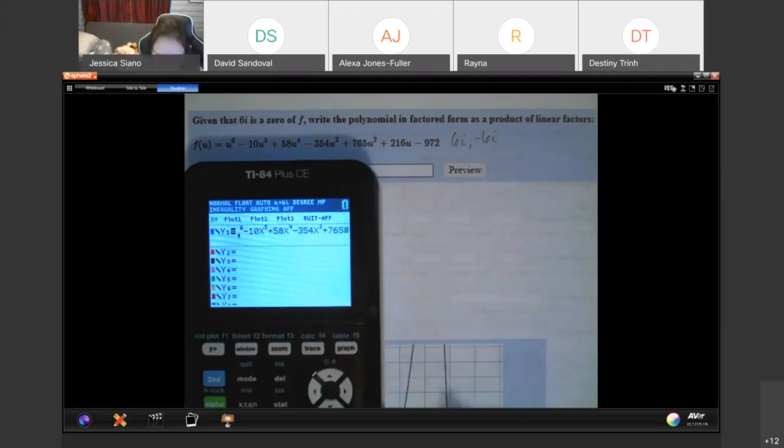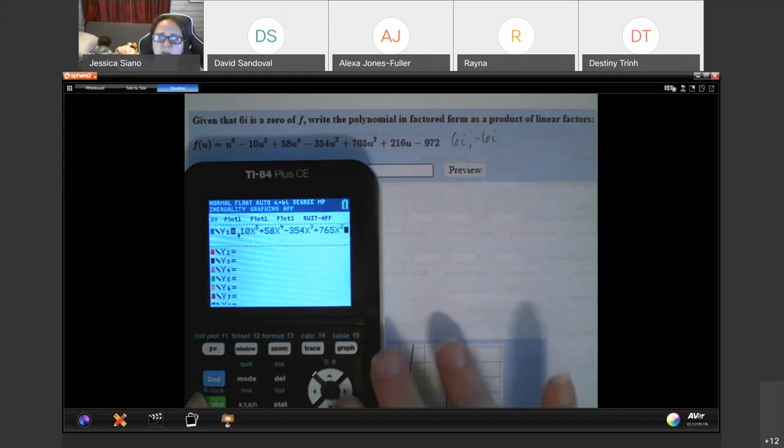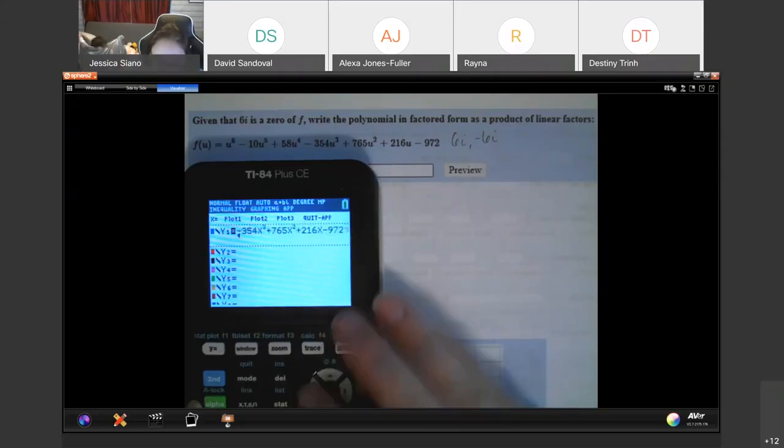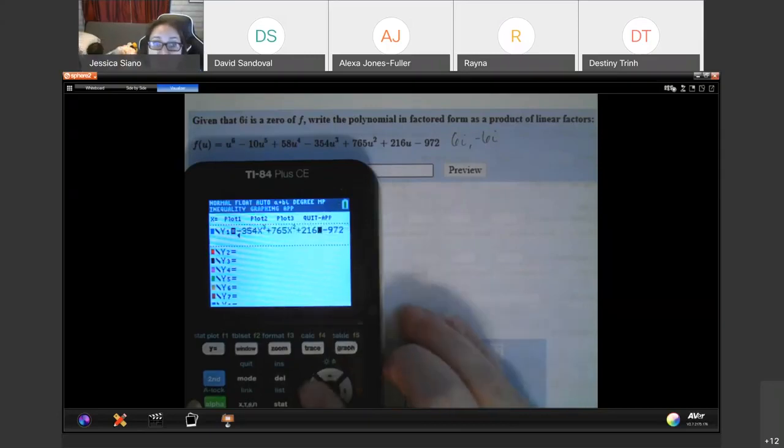Plus 765x to the 2nd, plus 216x, minus 972. There's a lot going on in this one, so I want to double check. 972, 216x, 765x squared, 354x to the 3rd, 58x to the 4th, 10x to the 5th.